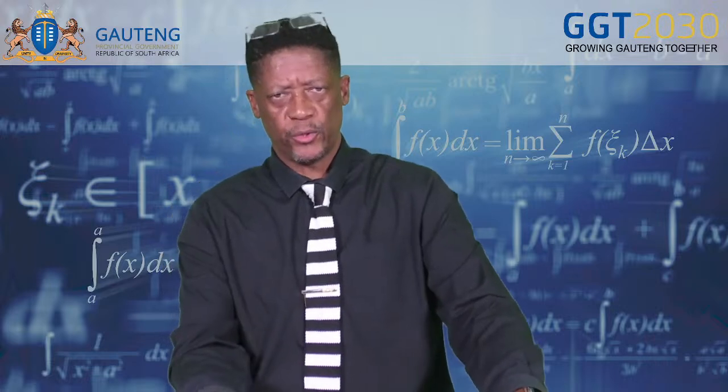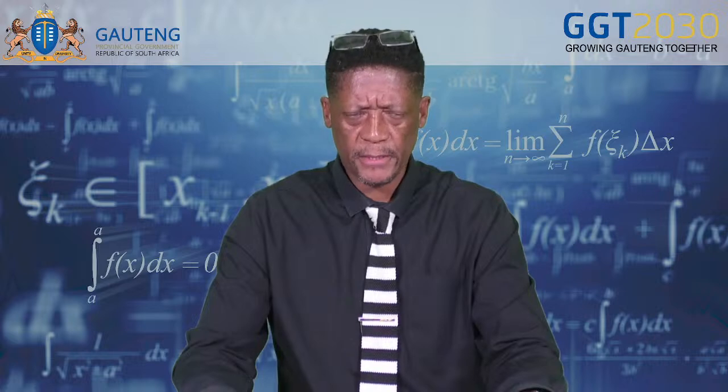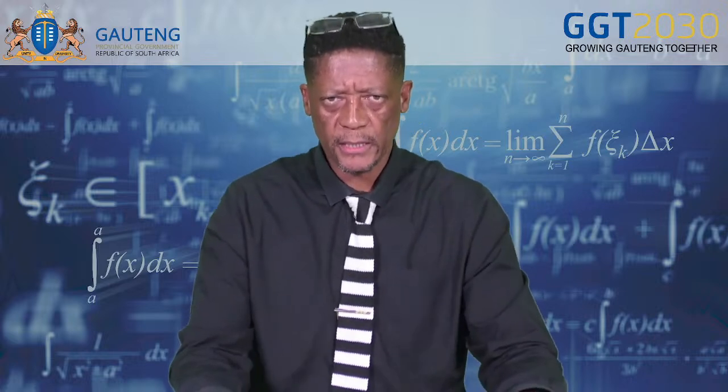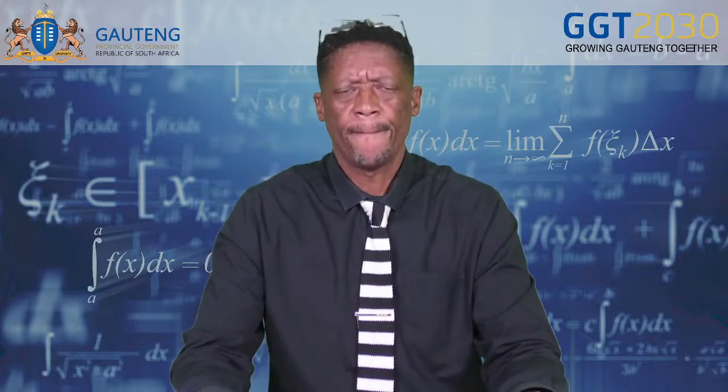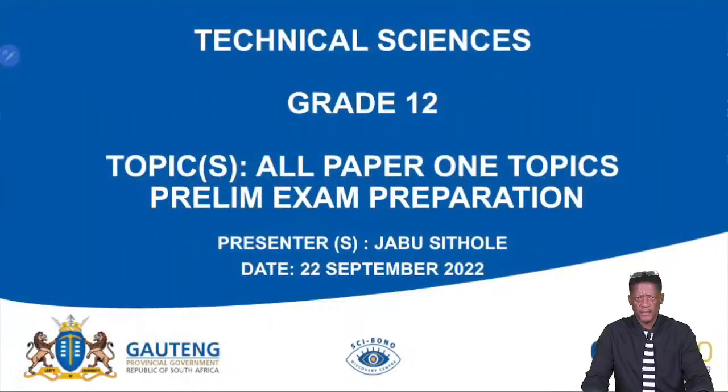Today we are going to prepare ourselves for tomorrow's exams. We know for a fact that tomorrow we are writing Technical Sciences, Paper 1. So we are trying to just remind ourselves of what we have learned during the year.